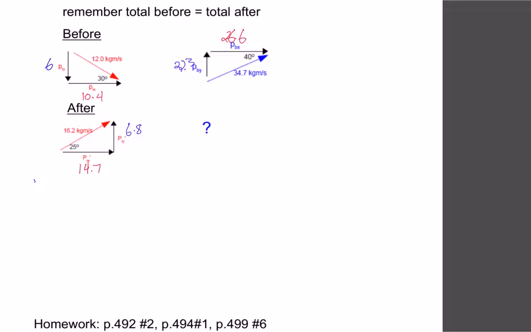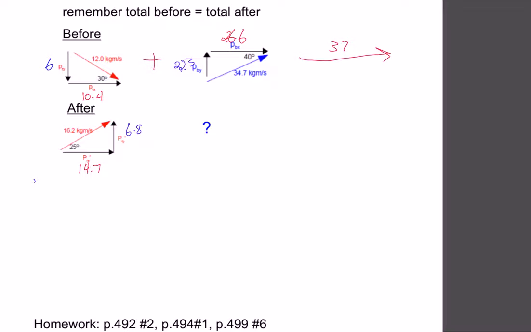So let's do our total before. We've got 10.4 to the right and 26.6 to the right. When we add these together, that gives us 37 to the right.